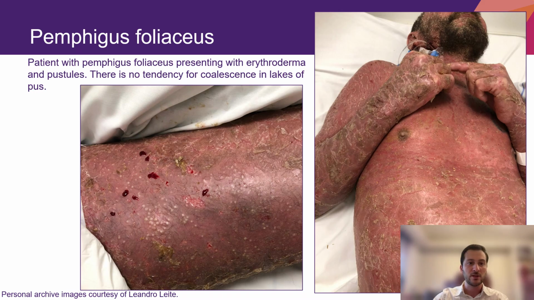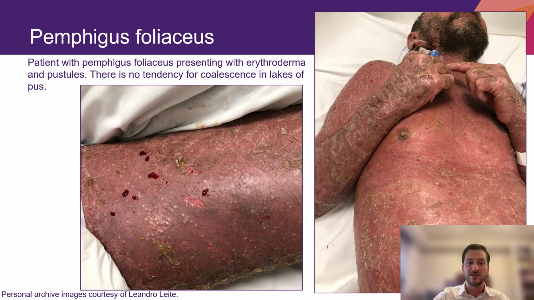So this is one of our patients that had pemphigus foliaceus and presented with erythroderma and pustules, as you can see on his thigh here. But this is a rare presentation of pemphigus foliaceus.